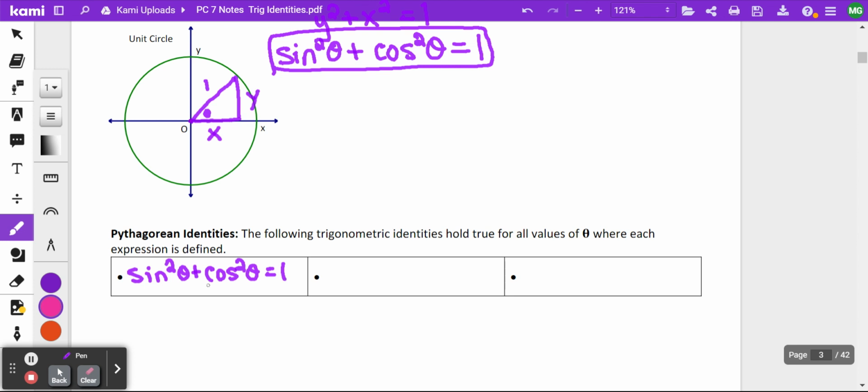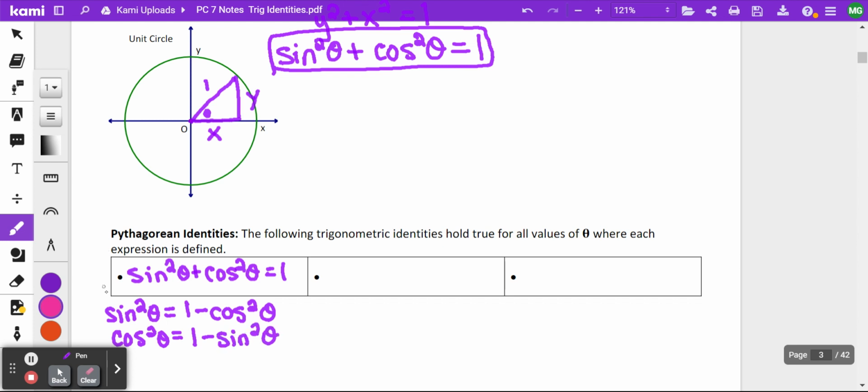So, for example, if I subtracted the cosine squared to the other side, we would now say that the sine squared of theta equals 1 minus the cosine squared of theta. It's just a different version of the original equation. And in the same thinking, if I looked at my original equation and I subtracted sine squared of theta to the other side, we would see that the cosine squared of theta equals 1 minus the sine squared of theta.